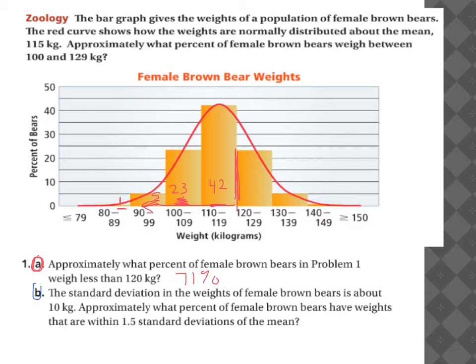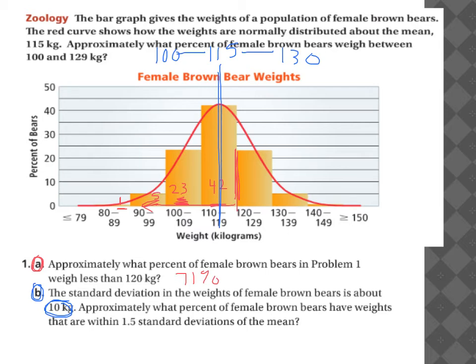Now the second question says, what percent of female brown bears are within 1.5 of the standard deviation of the mean? This isn't my standard deviation, that'd be one standard deviation. So 1.5 standard deviation would be 15 in both ways. So my mean here is going to be 115. So if I subtract 15, that's 100, because that's 1.5 standard deviation on the left-hand side, and add 15, that's 130.